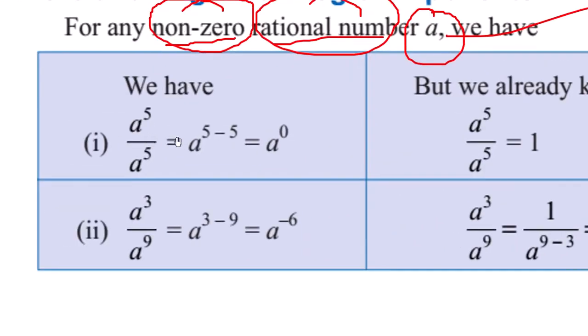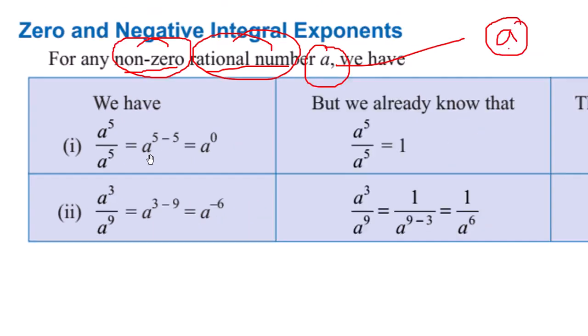With that a, if we have a rational number like a to the power of 5 by a to the power of 5, whenever we have an exponent in the denominator, we can take it to the numerator and write it as a power minus 5.